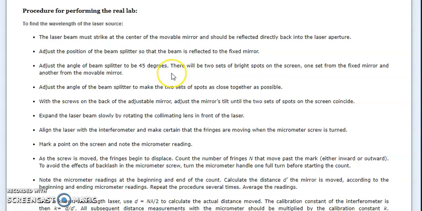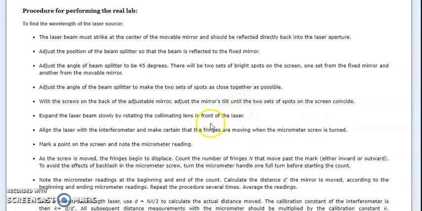Then only there will be two sets of bright spots on the screen, one from the fixed mirror and the other from the movable mirror. Now adjust the angle of the beam splitter to make the two sets of spots as close together as possible.